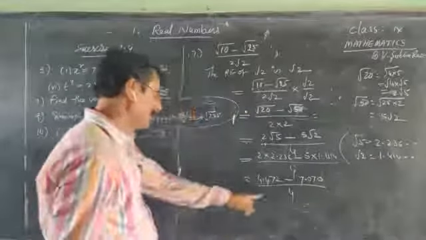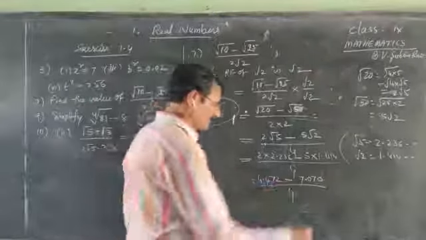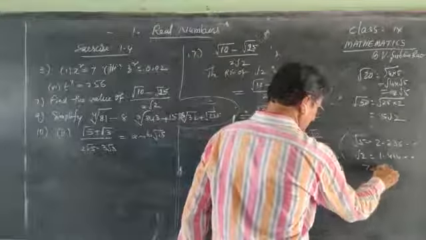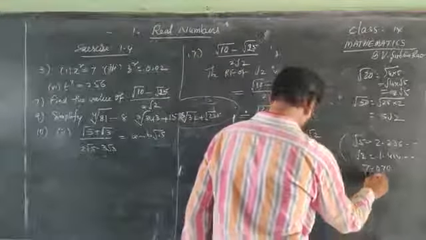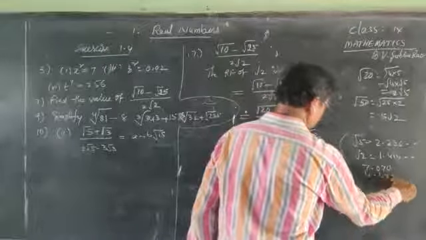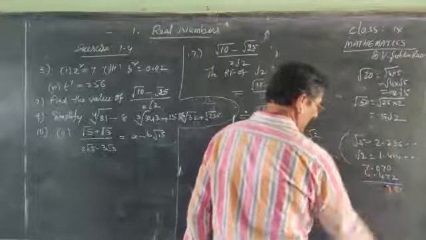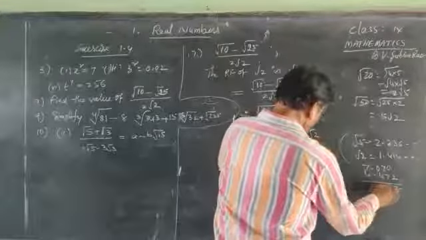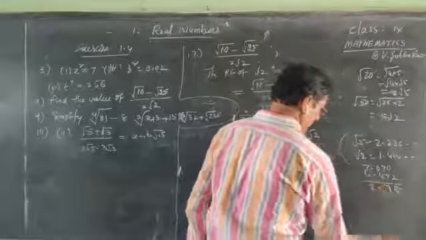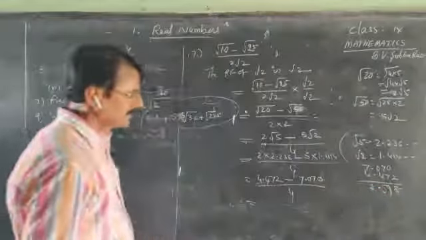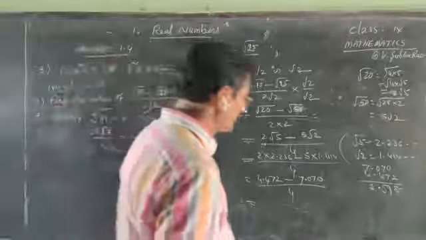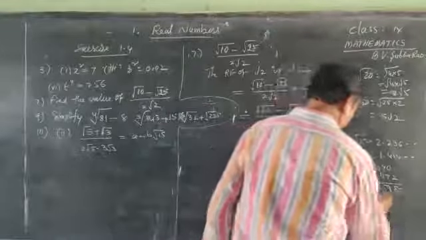Now the difference of these two: 7.070 by 4, 4.472.